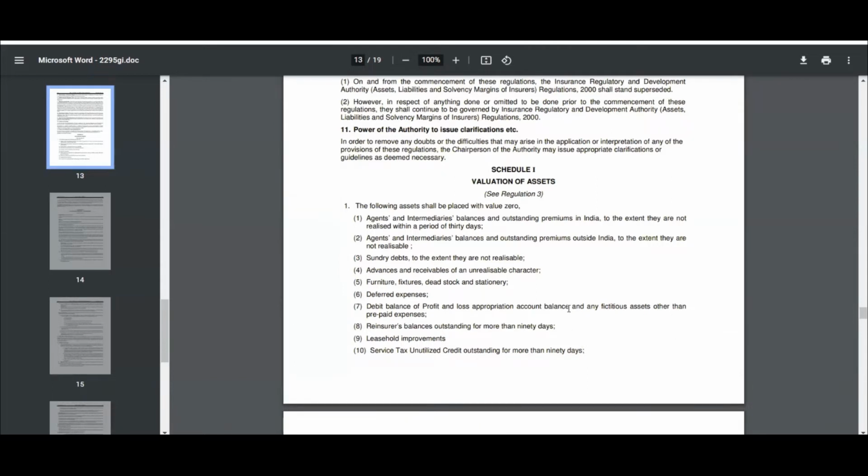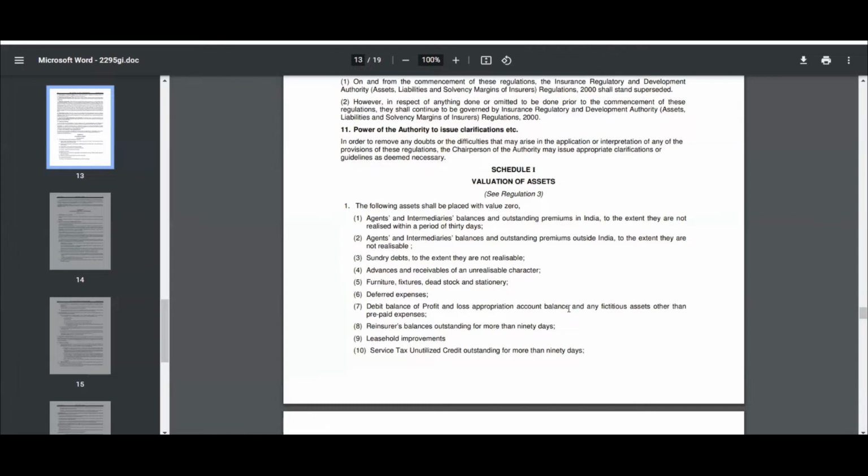Now any debit from the profit and loss appropriation account means that it is moving away from that account, back to the profit and loss account. So it would be treated as income, and that would not be considered for valuation of assets because of the prudence principle.